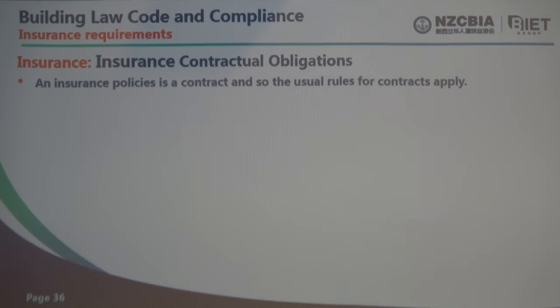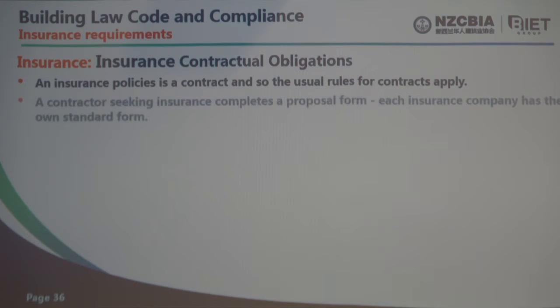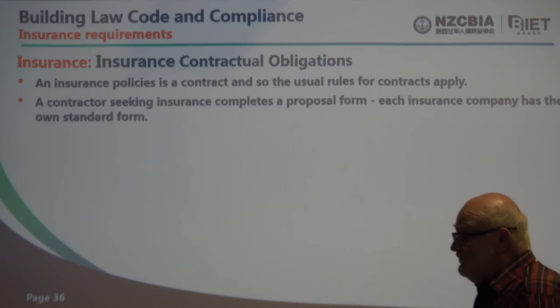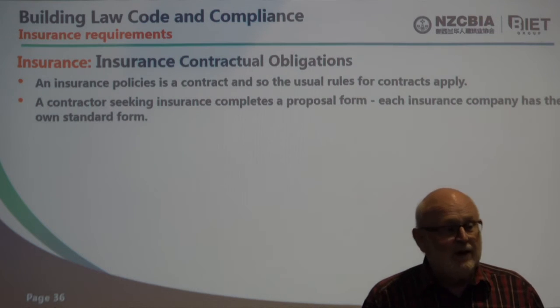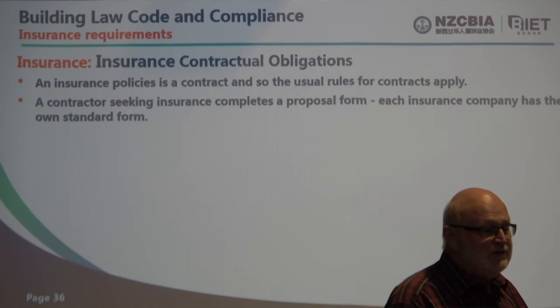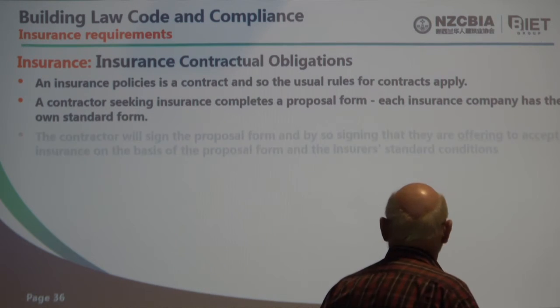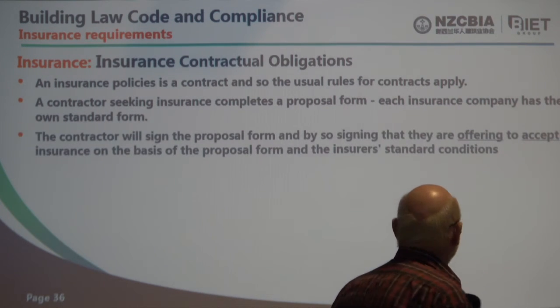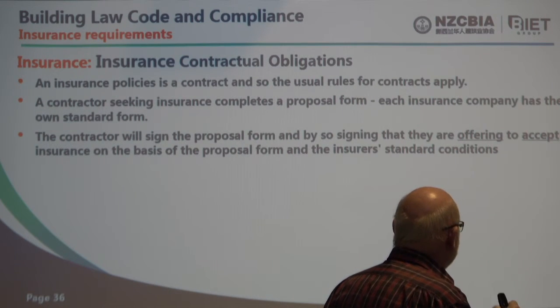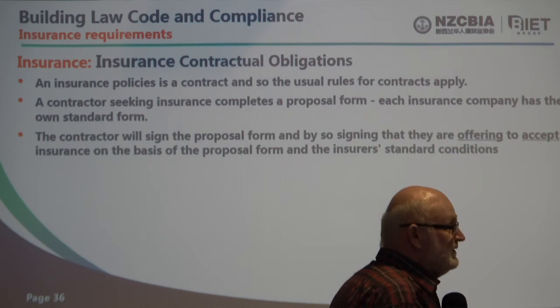Insurance policy is a contract, so the usual contract laws apply in terms of the actual policy. A contractor seeking insurance completes a proposal form. So you fill out a proposal form to the company saying, I want this type of insurance for this project. Each company has their own standard form. The contractor will sign the proposal, and so by signing, they are offering to accept insurance on the basis of the proposal.